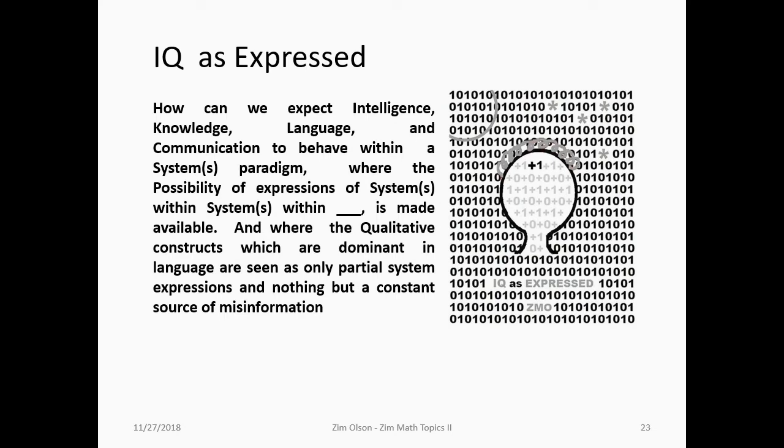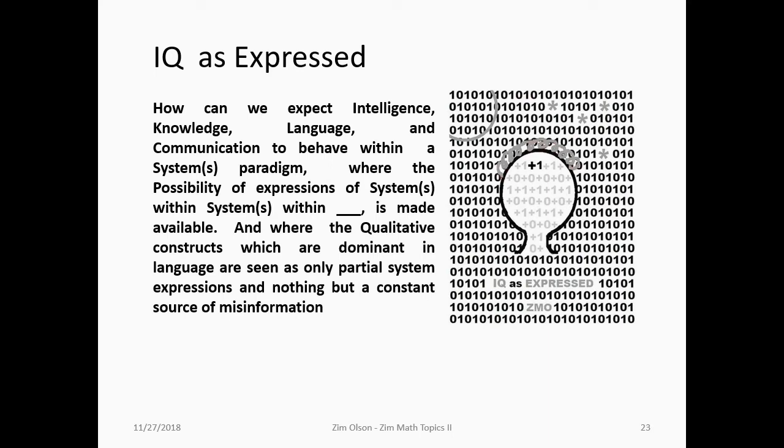IQ is expressed. A lot of times we give a lot of credence to certain standardized expressions of IQ, but we don't always give credence to different variations of expressions of this IQ that are not within the standardization.